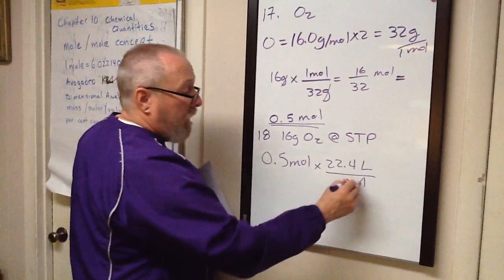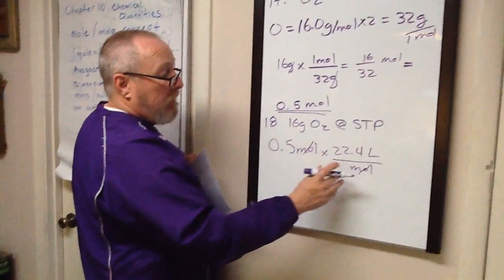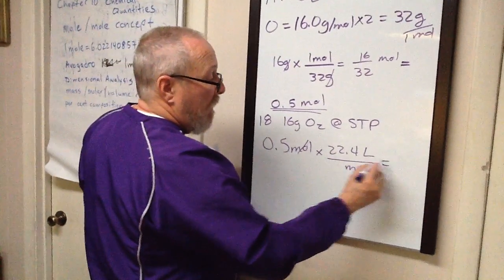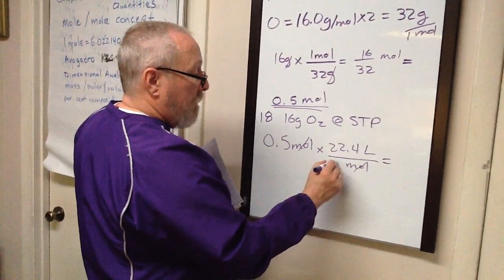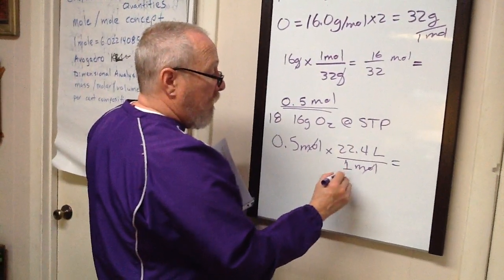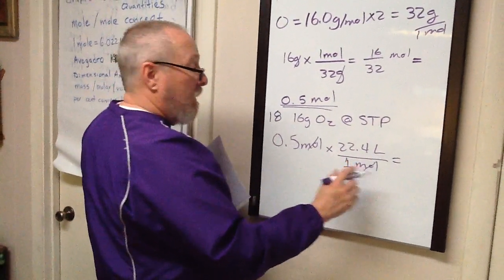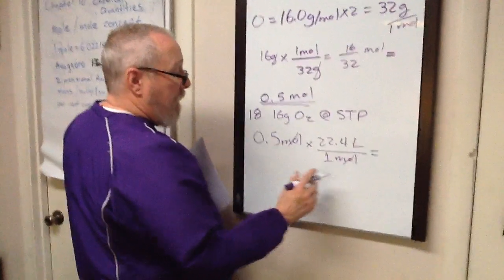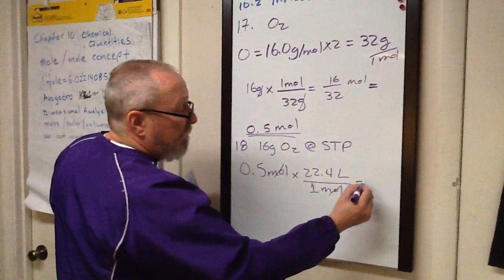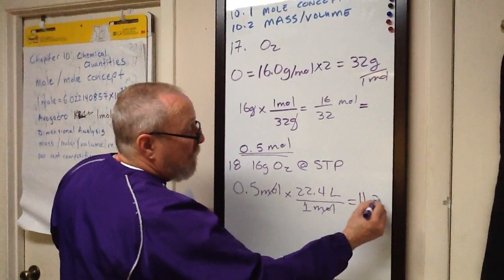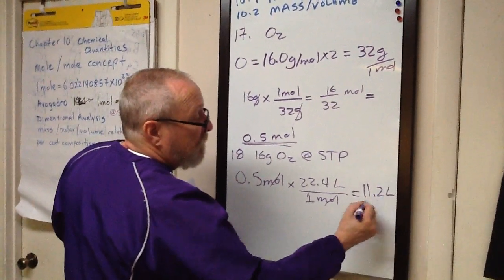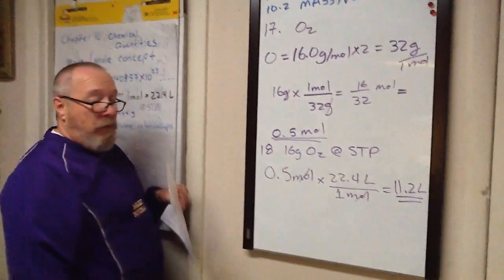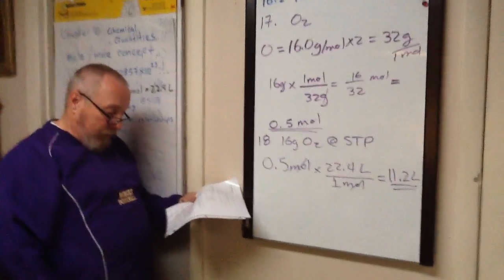Now, moles will cancel. There's my dimensional analysis. 22.4 liters per 1 mole of gas, any gas, and multiply that by 0.5 and you get 11.2 liters. Because you have half a mole, you'll have half that volume.